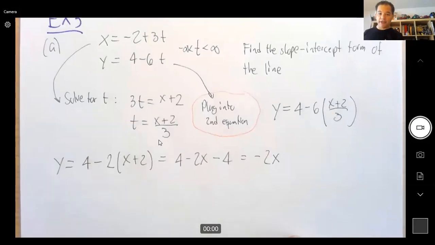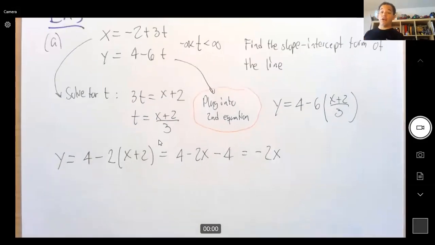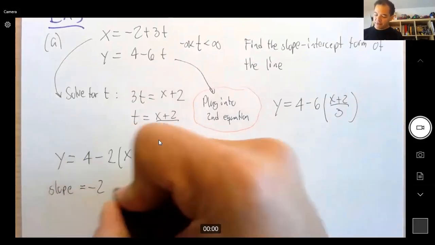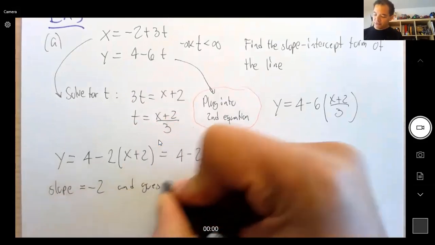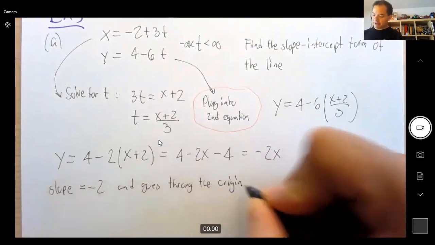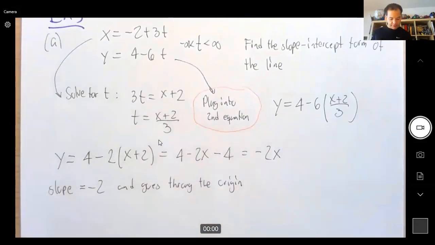We are done, right? That's the line that passes through the origin and has a slope negative 2. So slope is negative 2 and goes through the origin. So that's the y intercept.